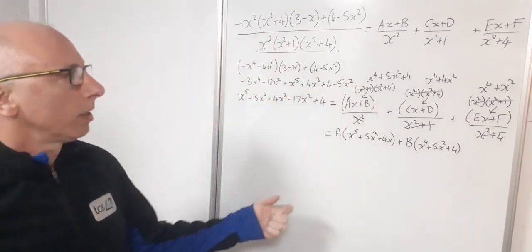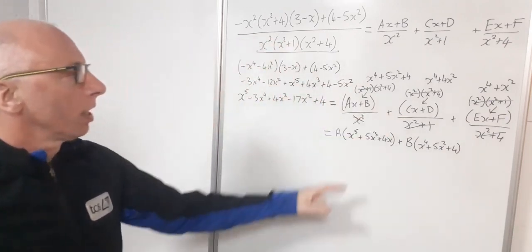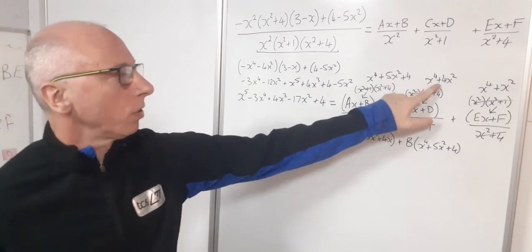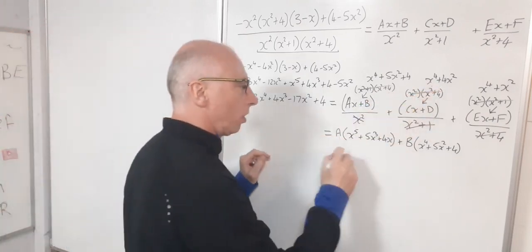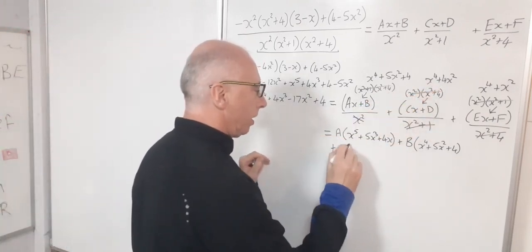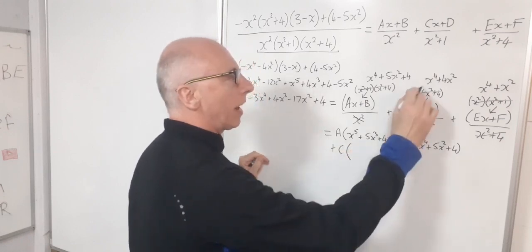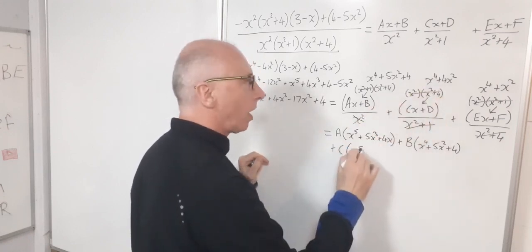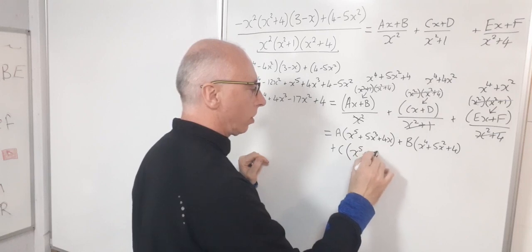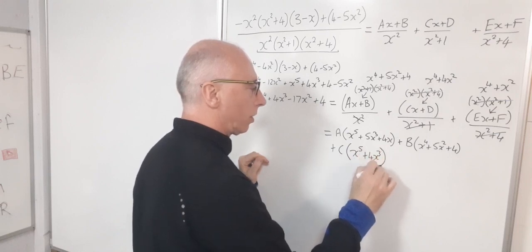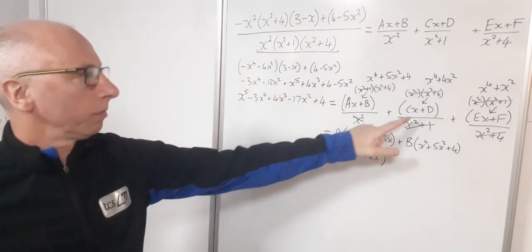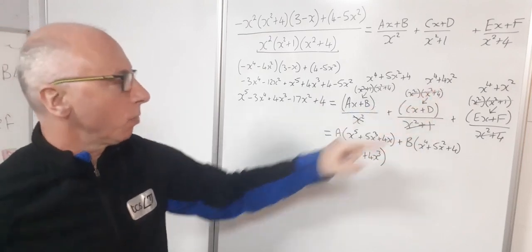Okay, now let's take care of this one. So now to do cx times all of these. As I did before, I'm going to add c times, and then x times that, which will give me x to the 5 plus 4x cubed. Okay, the d needs to be multiplied by this one.